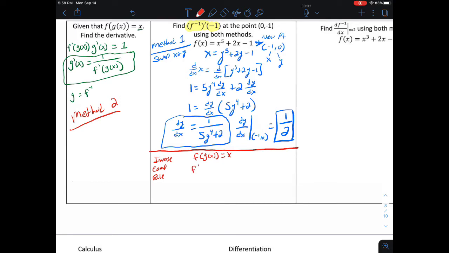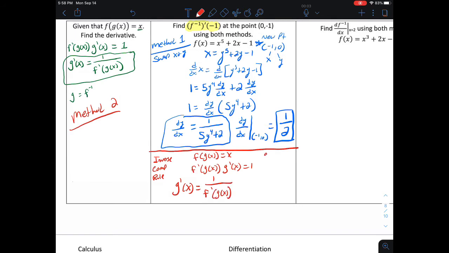So that'd be f prime of g of x times g prime of x is equal to 1. Now g is really my inverse function. And so I'm going to divide by the composition. So I'd have g prime of x is equal to 1 over f prime of g of x.